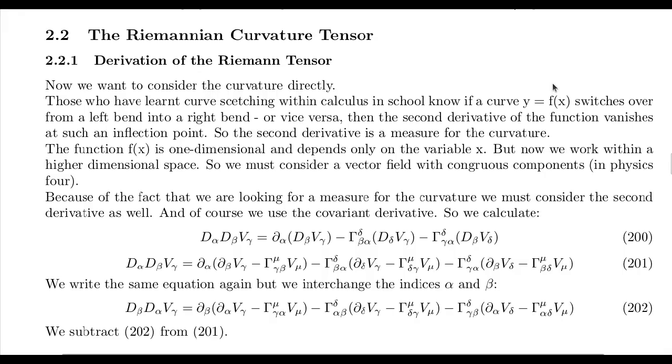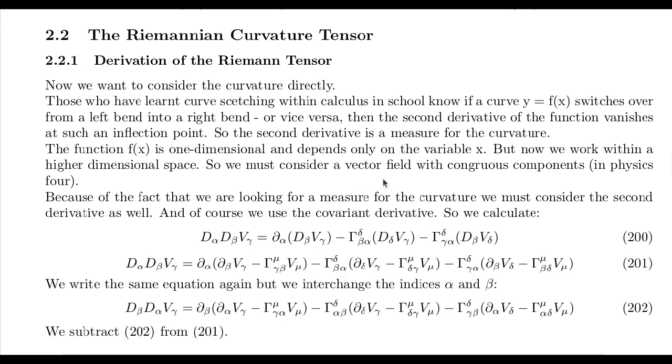If the curve switches over from a left bend to a right bend or vice versa, then the second derivative vanishes at such an inflection point. So the second derivative is a measure for the curvature. But now we have a higher dimensional space. We have 4 coordinates, so we have to generalize the formalism again.